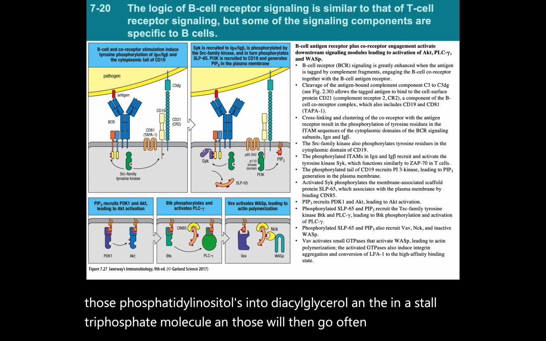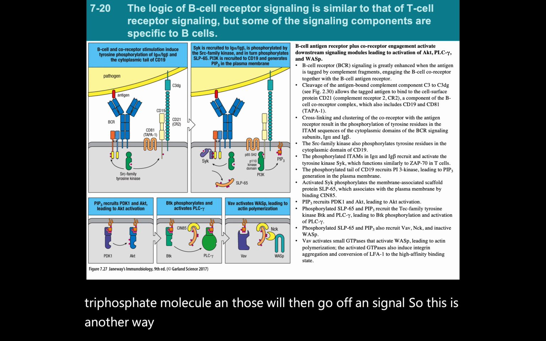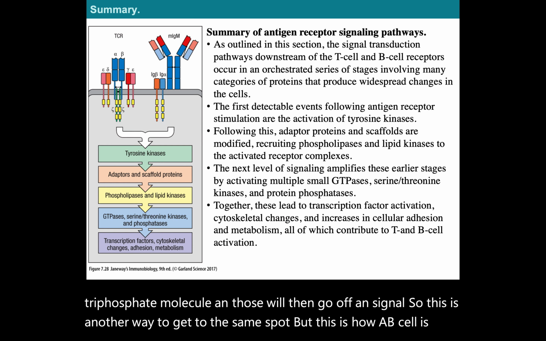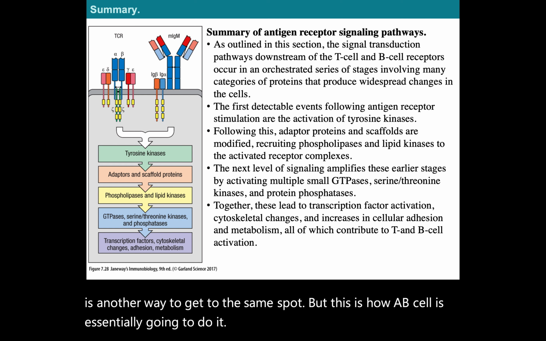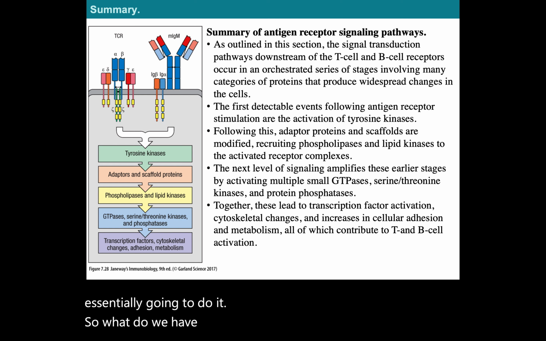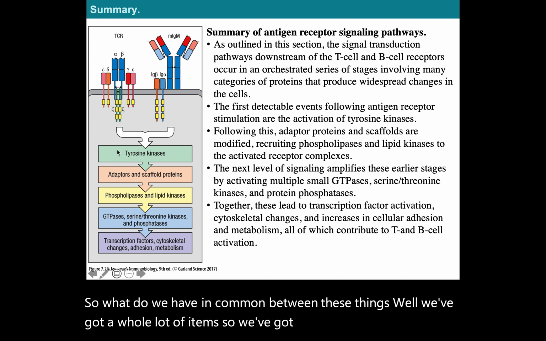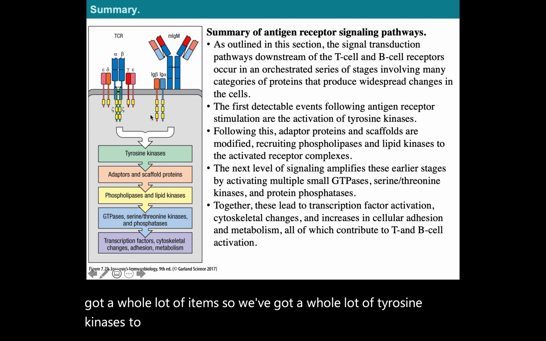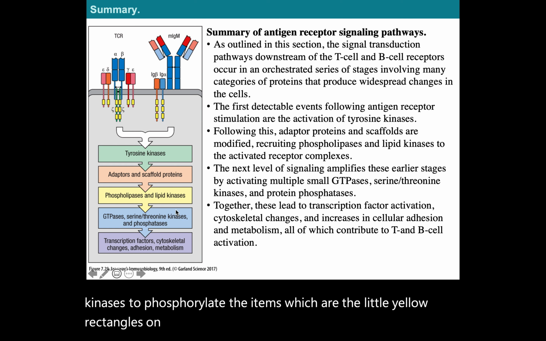So this is another way to get to the same spot, but this is how a B cell is essentially going to do it. So what do we have in common between these things? Well, we've got a whole lot of ITAMs. We've got a whole lot of tyrosine kinases to phosphorylate the ITAMs, which are the little yellow rectangles on here. That leads to activation of some kinases and some phospholipases.